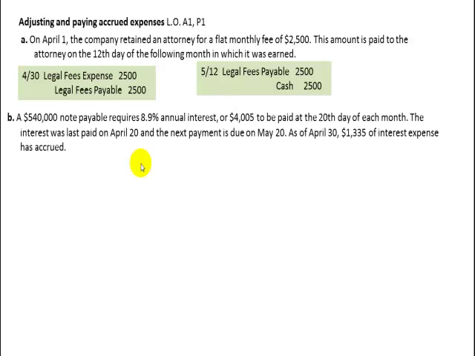Part B, a $540,000 notes payable requires 8.9% annual interest, or $4,005 to be paid at the 20th day of each month. The interest was last paid on April the 20th, and next payment is due on May the 20th.